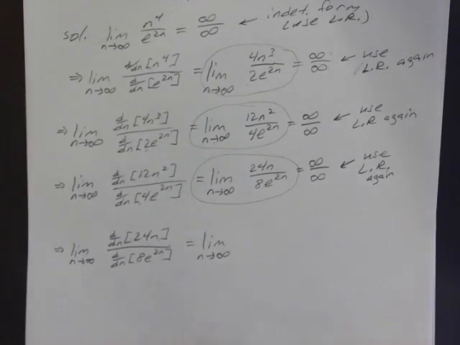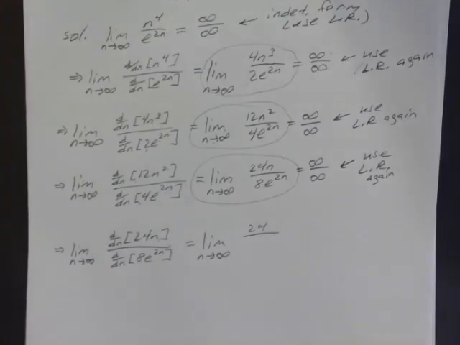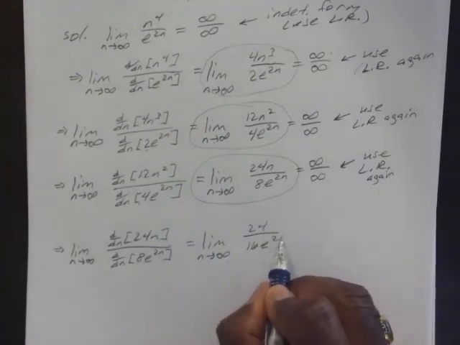Well, the derivative of n is just 1. So 24 times 1 is 24. Divided by the derivative of 8 times e to the power of 2n. Again, the derivative of e to the power of 2n is 2 times e to the power of 2n, multiplied by the 8 that's already there, and that's 16 times e to the power of 2n.